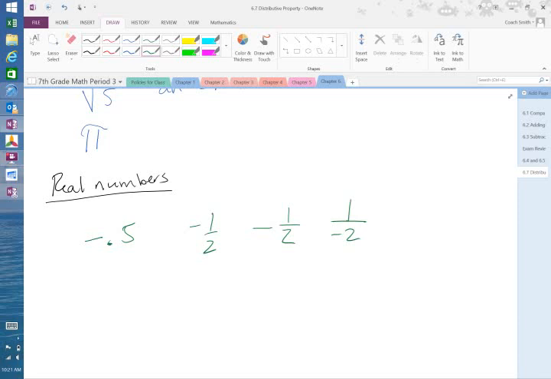You need to understand that real numbers are all the numbers that you're used to dealing with: decimals, meaning repeating decimals, terminating decimals, fractions, mixed numbers, whole numbers. Understand that integers are in the inner circle of real numbers.